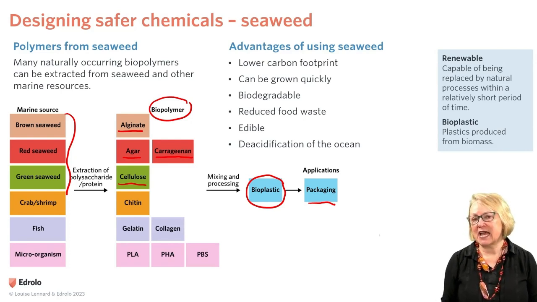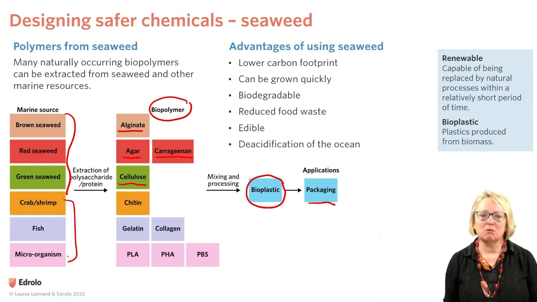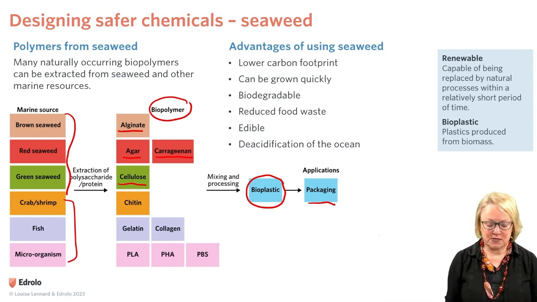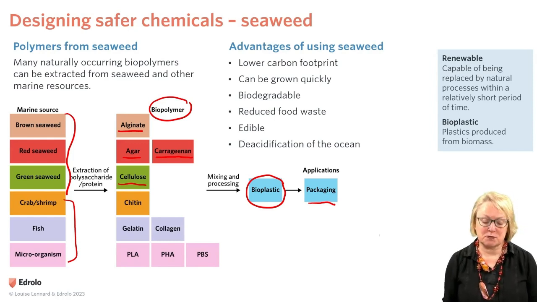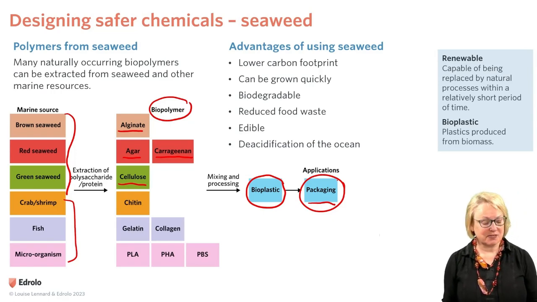And by taking carbon dioxide out of the water, they're contributing to de-acidification of the ocean, which is a good thing for the environment. There are other marine sources of mollusks, crustacea, fish, microorganisms, which can also be used to produce biopolymers that can also end up in packaging materials.